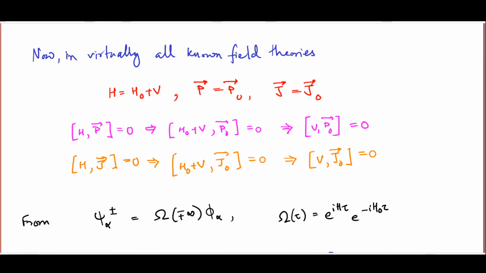In order to see this, let's take a look at the relationship between the in and out states and the free states. Remember, psi alpha plus minus is actually given by the Moller operators omega at minus infinity and plus infinity, respectively, acting on the free particle state phi alpha. Omega tau is e to the iH tau times e to the minus iH0 tau.